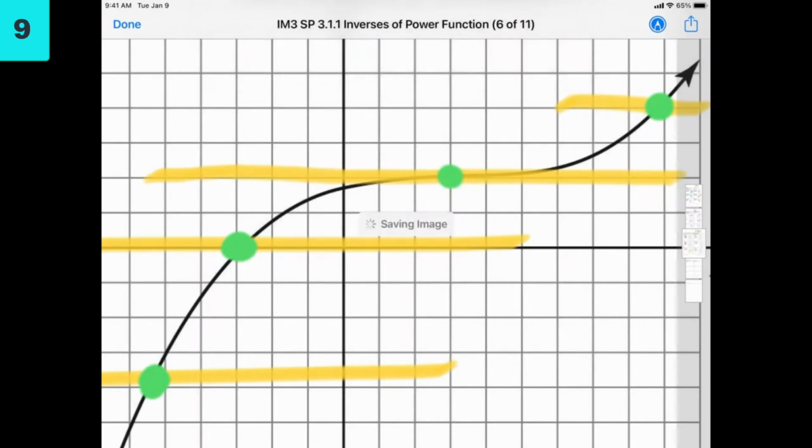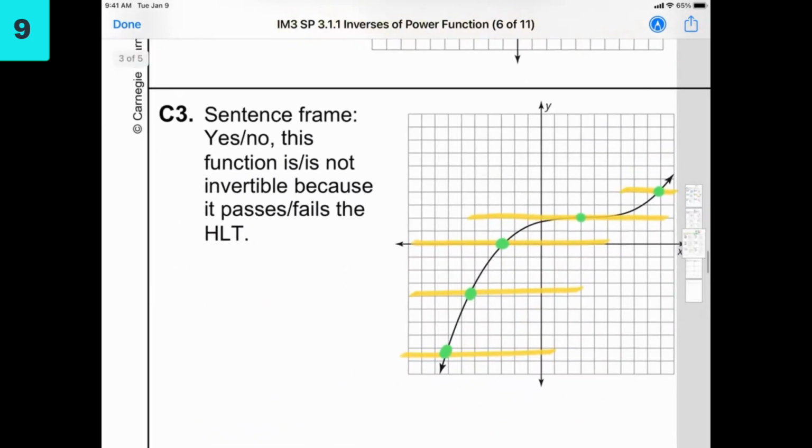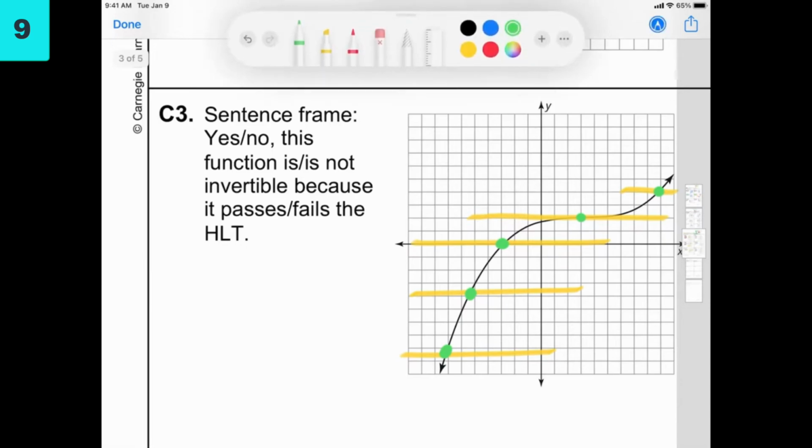The reason why is I can't zoom in any closer, but it basically gets super close, but the yellow does not go on top of the black line. It only intersects at one point. So let's go ahead and fill this out. Yes, this function is invertible because it passes the horizontal line test.